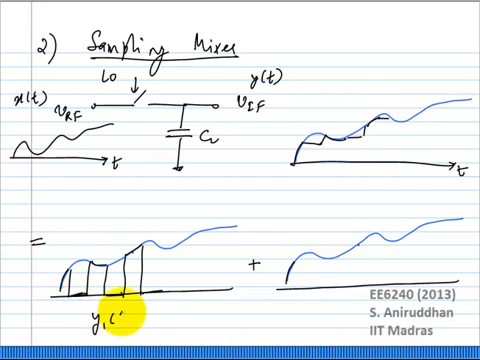I'll call this y1 of t. What is this? This is exactly the same as your resistively loaded mixer, the return to 0 mixer. So you're tracking it for some time and then returning it to 0.